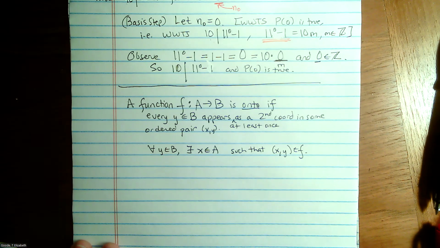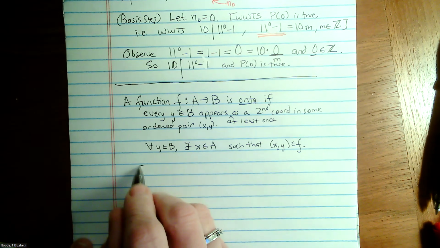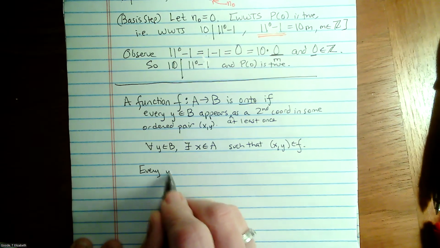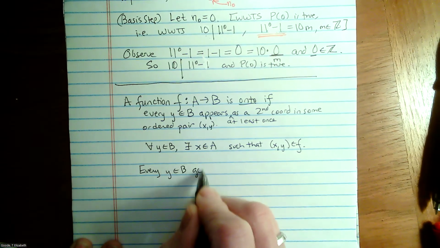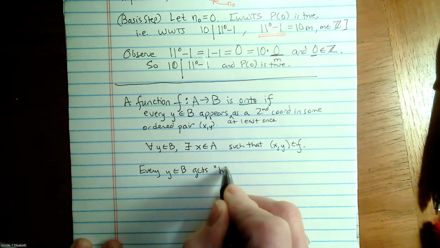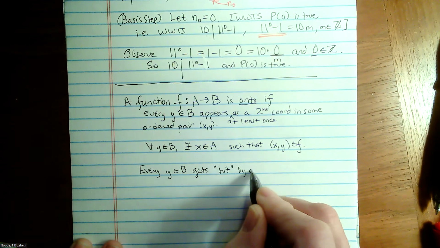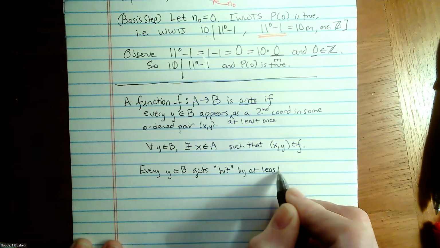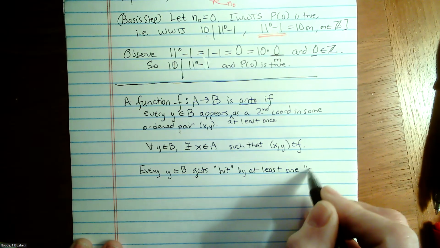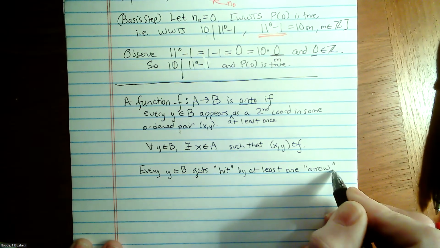If there's a question about onto, can I use the arrow analogy? An arrow hits every y in B: every y in B gets hit by at least one arrow. Yeah, we've said all of these different ways, and that'll be fine.